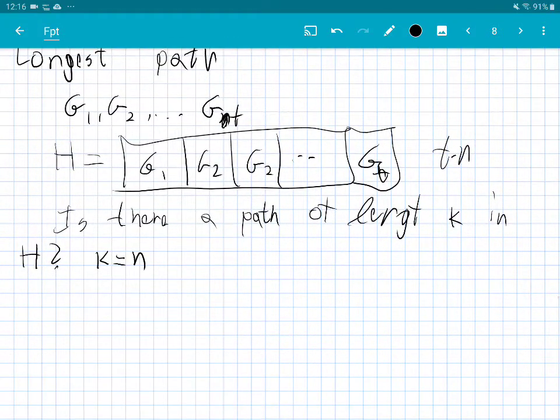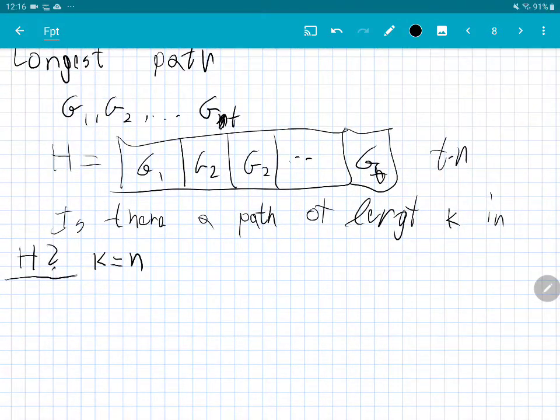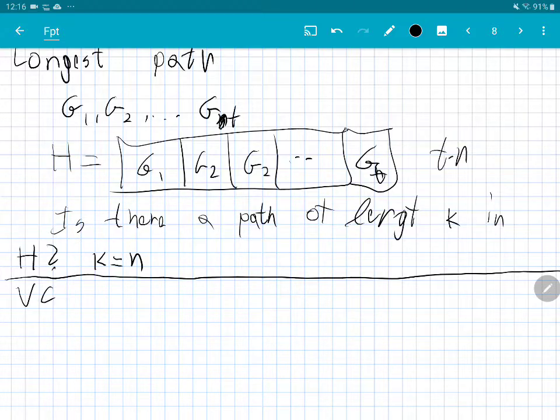So let me give you an example of that. Think about things like vertex cover, our favorite problem, right? So I give you n instances of vertex cover, g1 to gn. I give you n instances, they're equivalent, right?